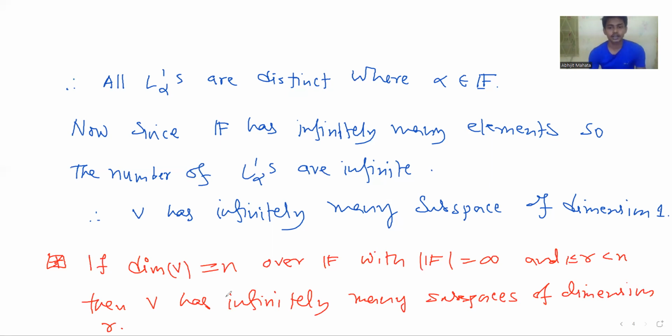Just try this. I can give you the hint: just do it for dimension 3. For example, take R3; on R3 you can find that there are infinitely many subspaces of dimension 1 and 2 in a similar way, because you have the geometry. From that geometry, try to write it using algebra.